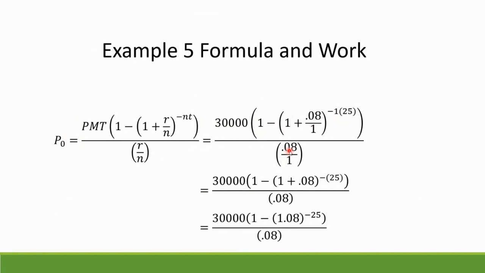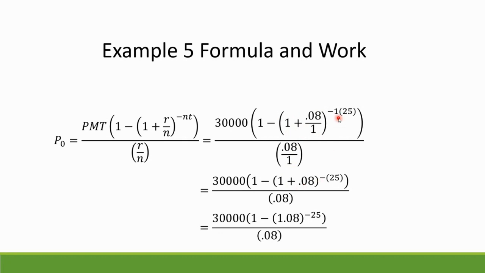Now remember, when you're solving this, you always want to do the innermost parentheses first. In the numerator and the denominator, you handle them separately. So here we're going to do 1 plus 0.08 over 1. You divide something by 1, you don't change anything. So we have 1 plus 0.08, we get 1.08, okay?